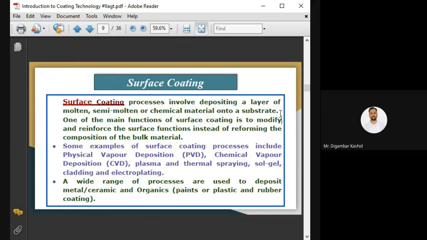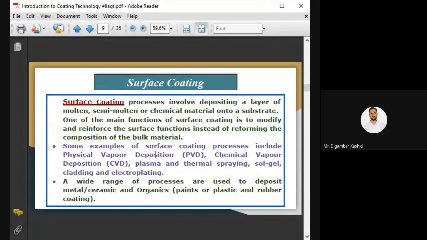This surface coating process involves depositing a layer of molten or semi-molten or chemical material onto the substrate. And one of the main functions of surface coating is to modify and reinforce the surface function instead of reforming the composition of your bulk. One of the main functions of surface coating is to modify and reinforce the surface function.